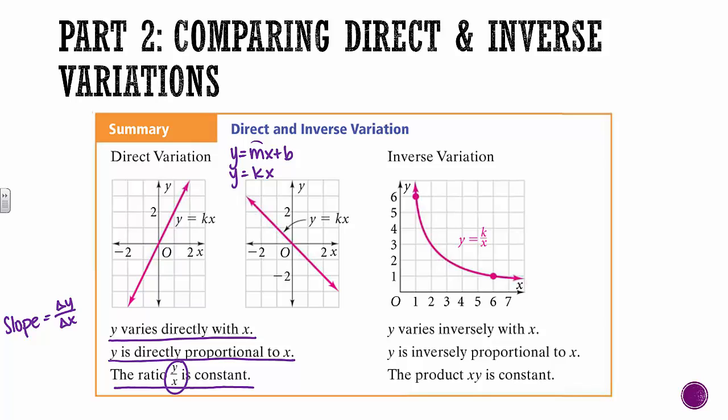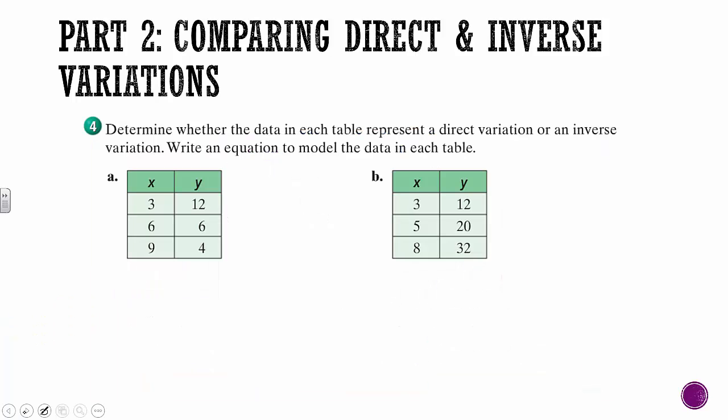Inverse variation, the equation looks like y equals k divided by x. You will see it written as y varies inversely with x, y is inversely proportional to x, or the product of x, y is the same. So you'll have problems like this, where it just says determine whether the data in each table represent a direct variation or an inverse variation, and then write an equation.